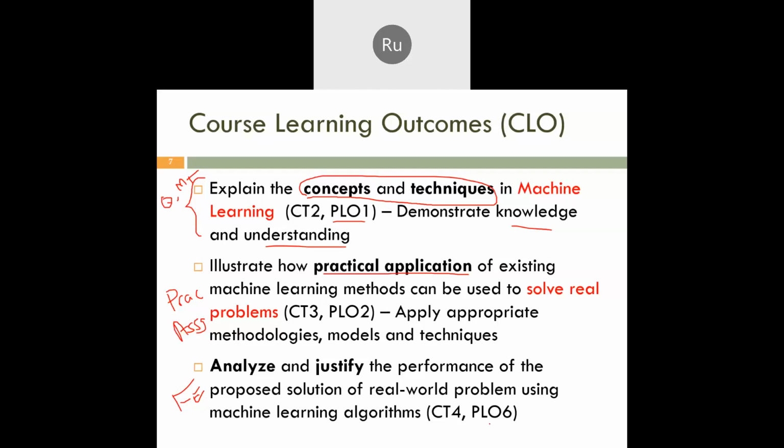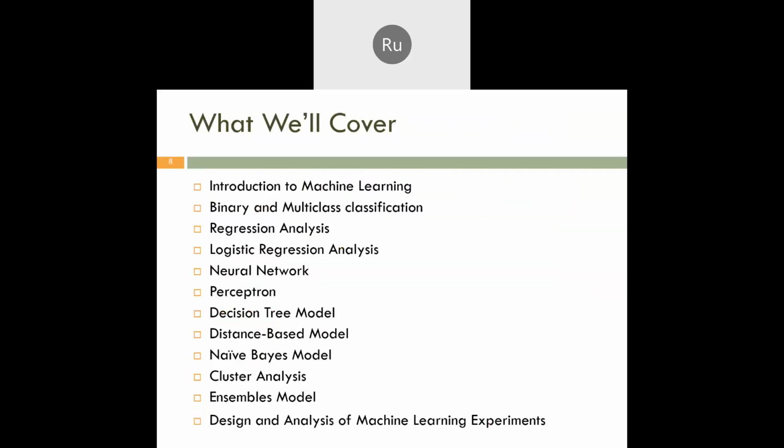Okay, so if you look at the topics that we'll cover, we will look into the binary and multi-class classification, regression, neural network. We are also looking at cluster analysis, and then this is where we combine several models to become an ensemble model, and the last one is how we do the machine learning experiment.